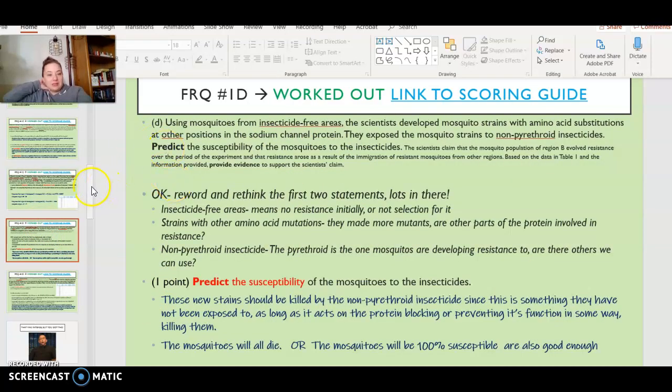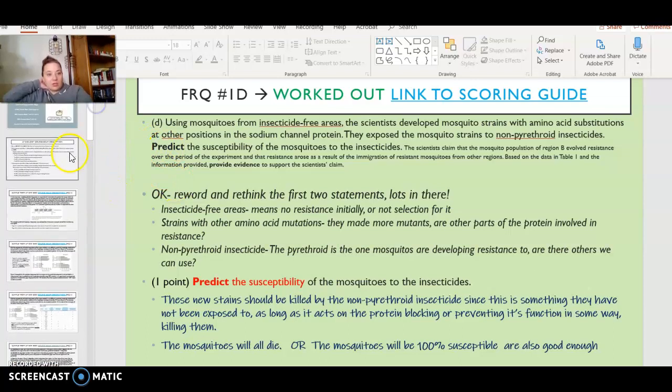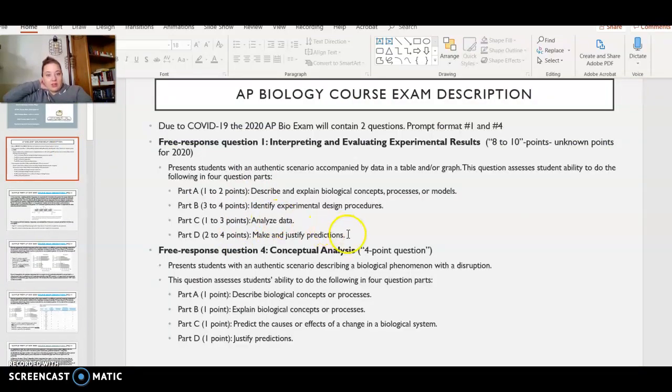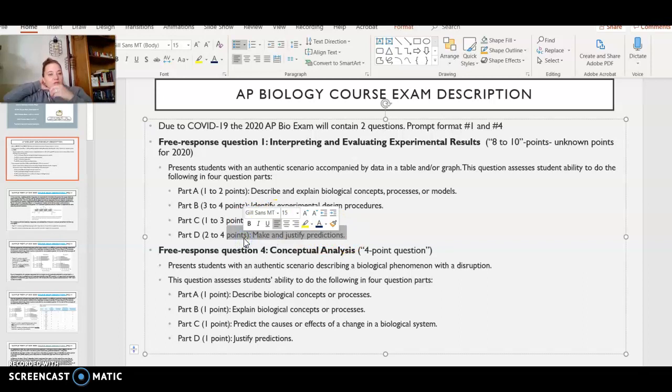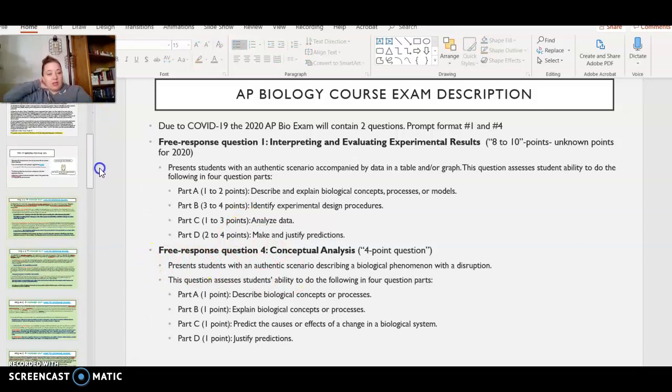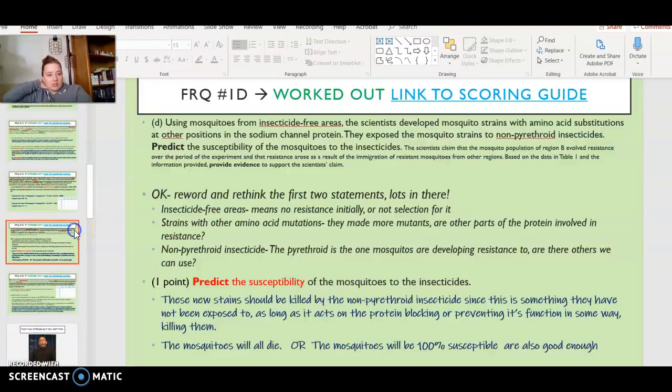So in D's, for question style 1, they're actually making and justifying predictions. You're kind of going beyond what the experiment has already talked about, and you're doing something else. In this one, it looks like we are asked to predict, and then I do another one where we provide evidence for the scientist.